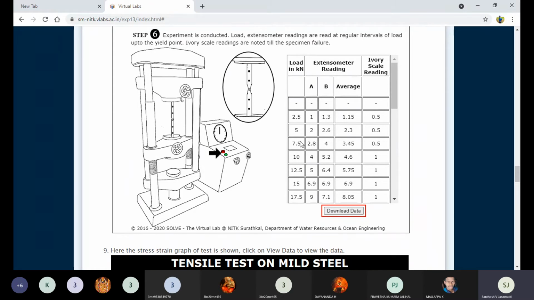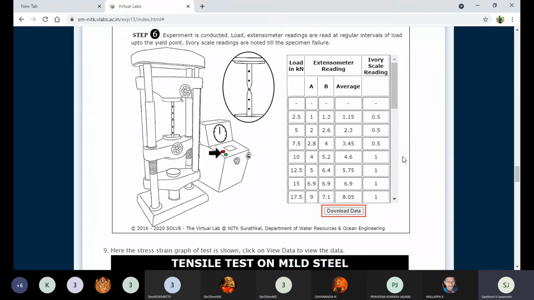Once you have that experience, where initially it was increasing and suddenly it dropped down, 50 is the upper yield point and 45 is the lower yield point, right?